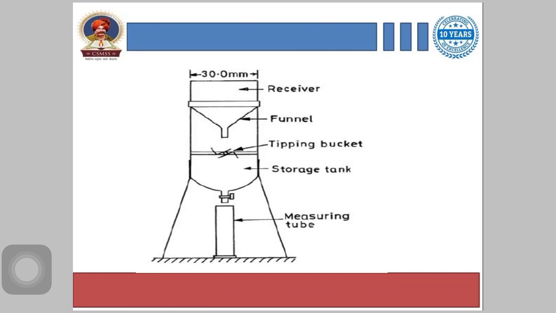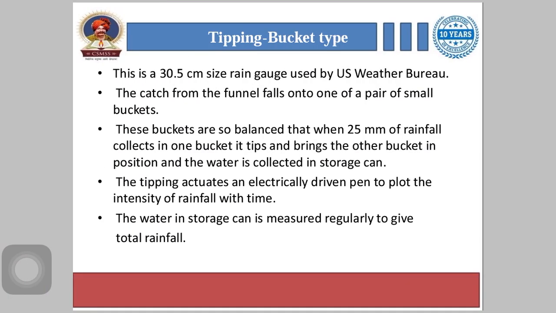The diameter of this sharp edge receiver is 300 mm. Here in the diagram it appears as 30.0, but the diameter of the sharp edge receiver is 300 mm.